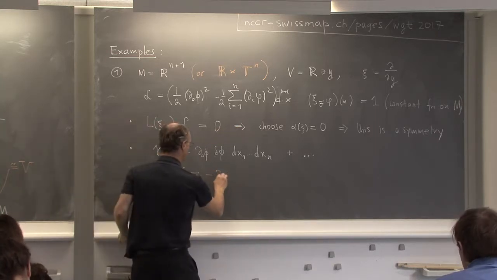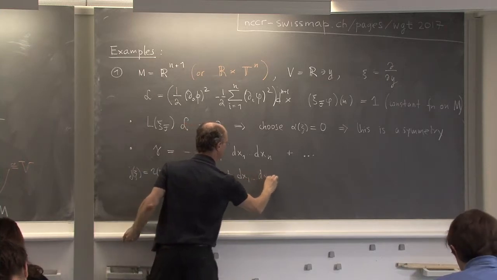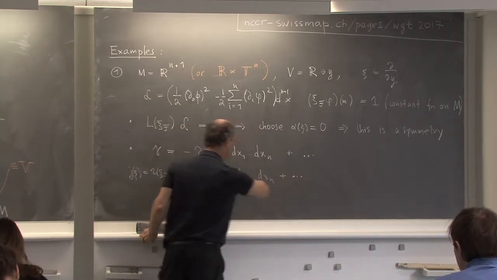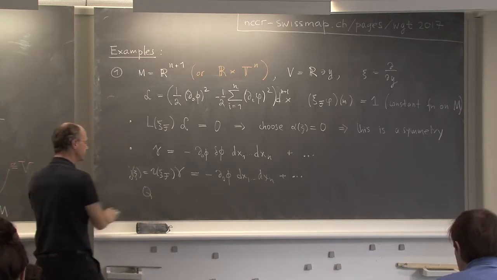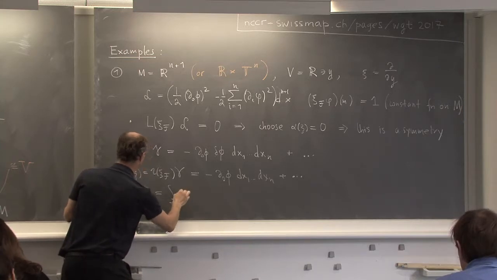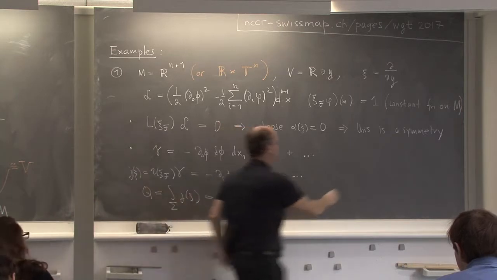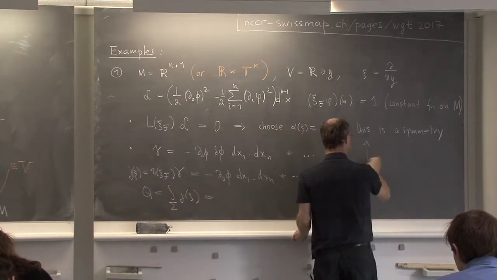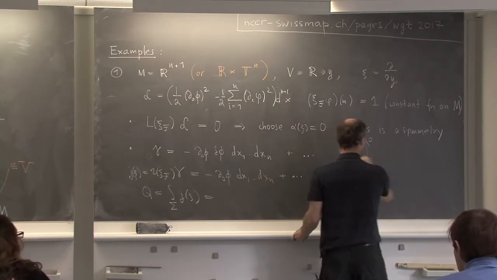So this will be minus d naught phi dx1 through dxn plus some other terms. And finally, the conserved quantity q. So that's an integral over sigma of j of psi. And I would like to, so this is my 0 axis.